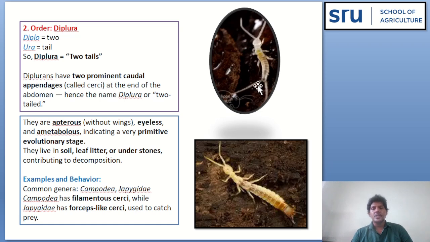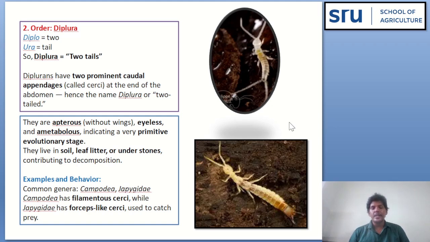Next order is Diplura, two-tailed insects. See here, one tail, two tail. Diplurans have two prominent caudal appendages at the end of their abdomen, hence the name Diplura or two-tailed insects.